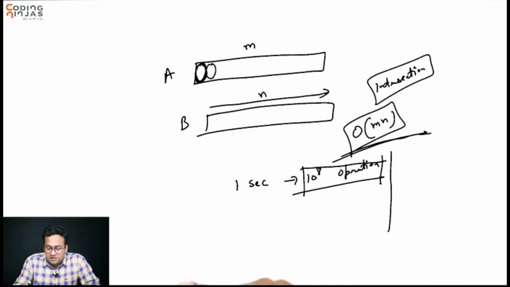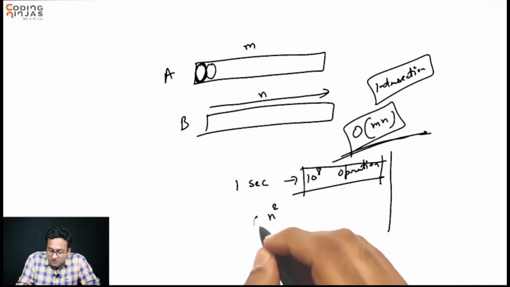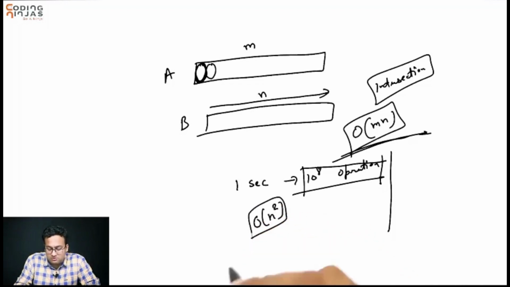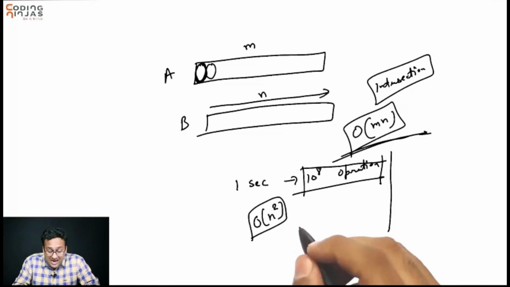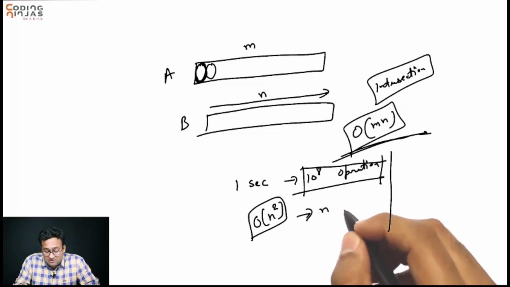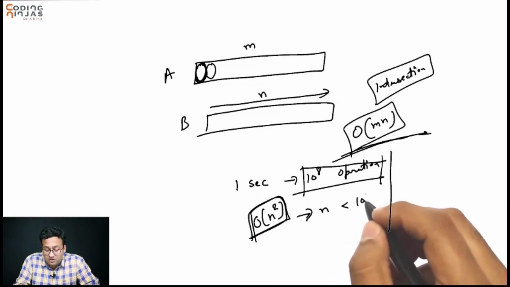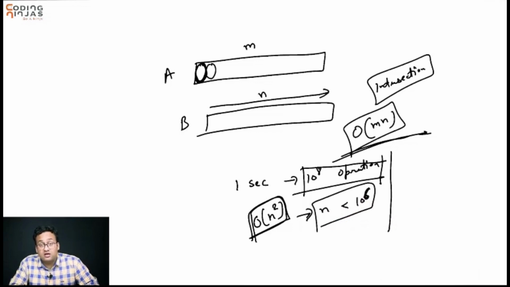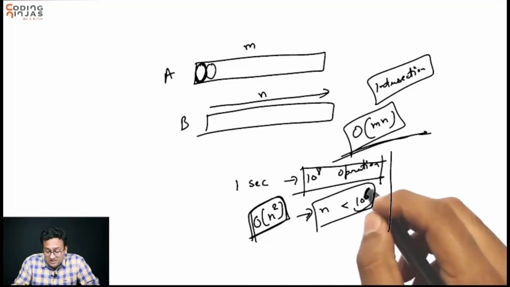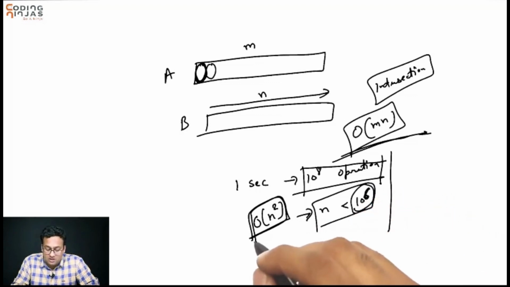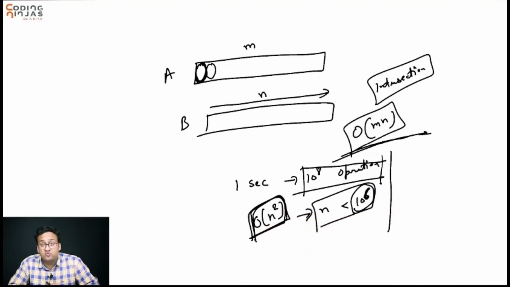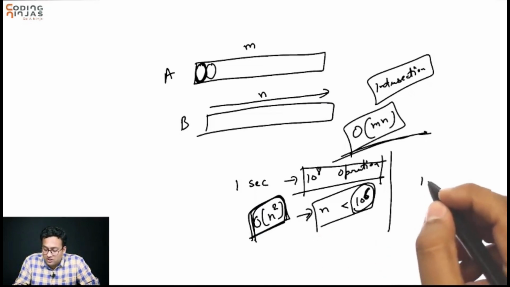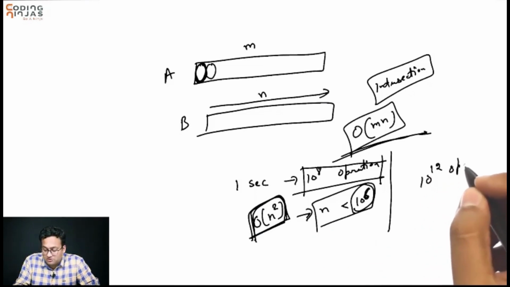So if my solution is big O of n square, and n is given with a constraint, let's say less than 10 to the power 6, then n square work means my algorithm will have to do 10 to the power 12 operations.